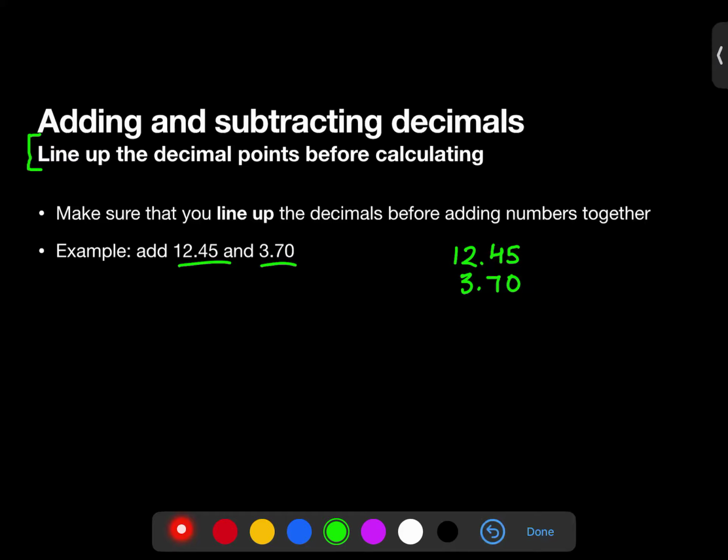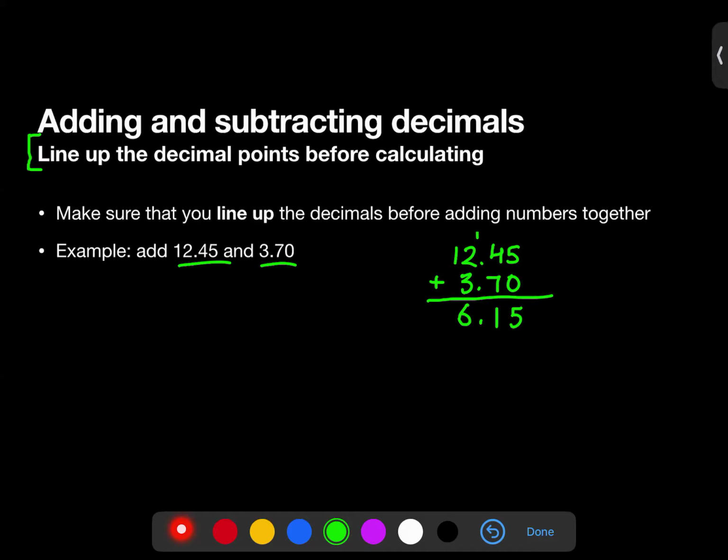So from here we can go as usual. We can add the first spot of numbers. We have 5 plus 0 is 5. Then we have 4 plus 7 is what? 11. We carry the 1. Then we have the decimal. And then 2 plus 3 is what? 5.